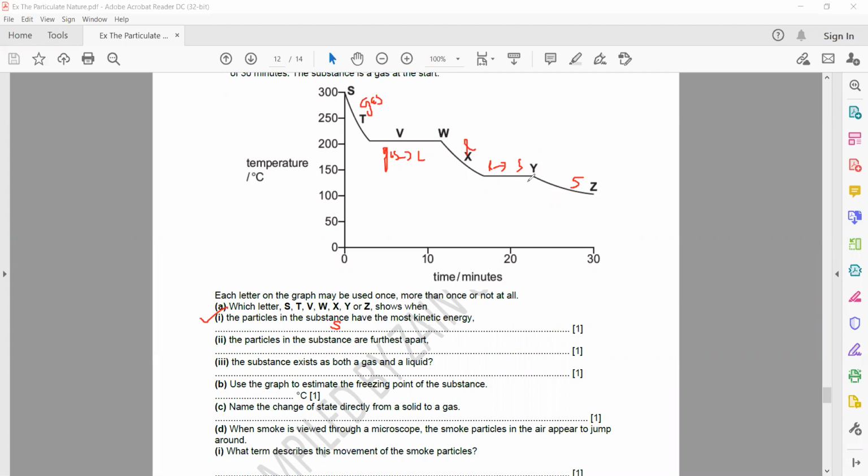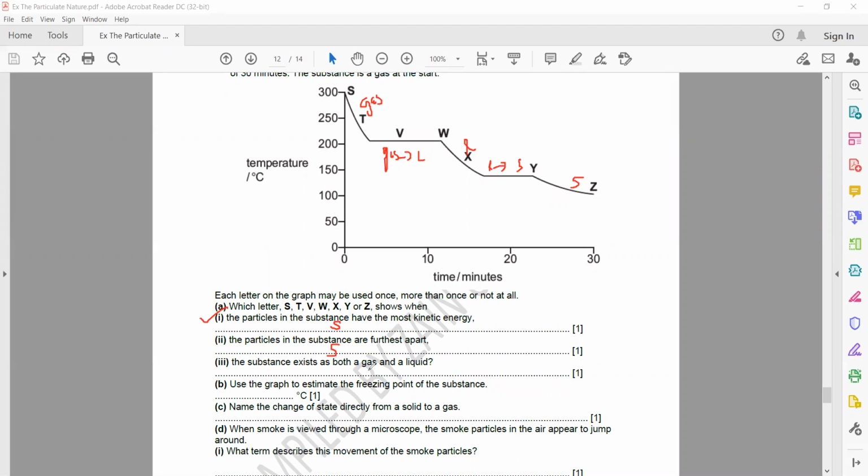So the particles in a substance are furthest apart in gas. Z is solid. So the correct answer is S again, because S is a gas, and in a gas at high temperature the particles will be further apart.